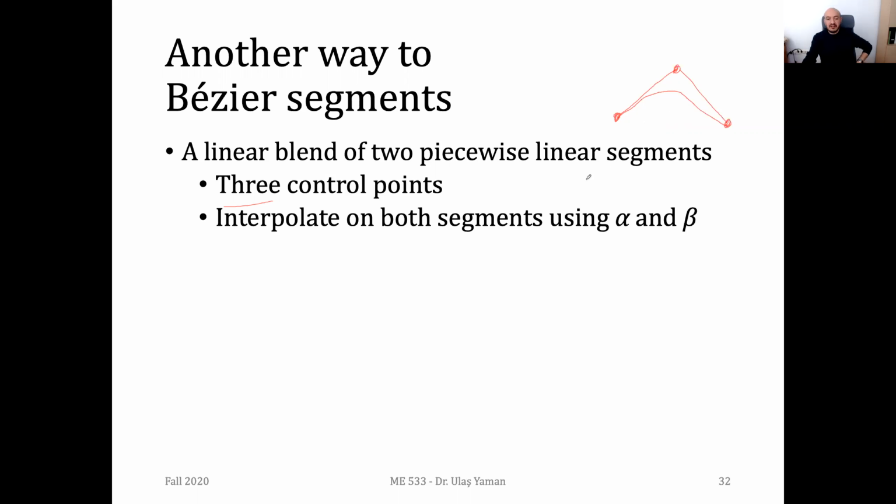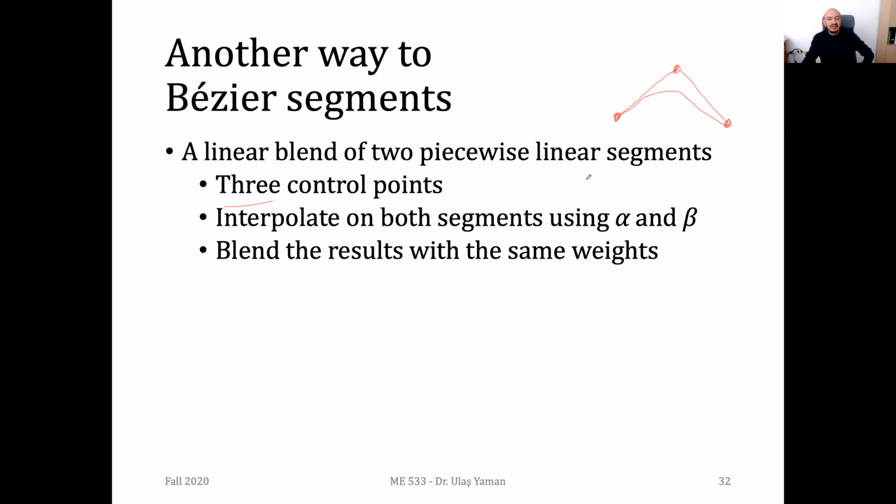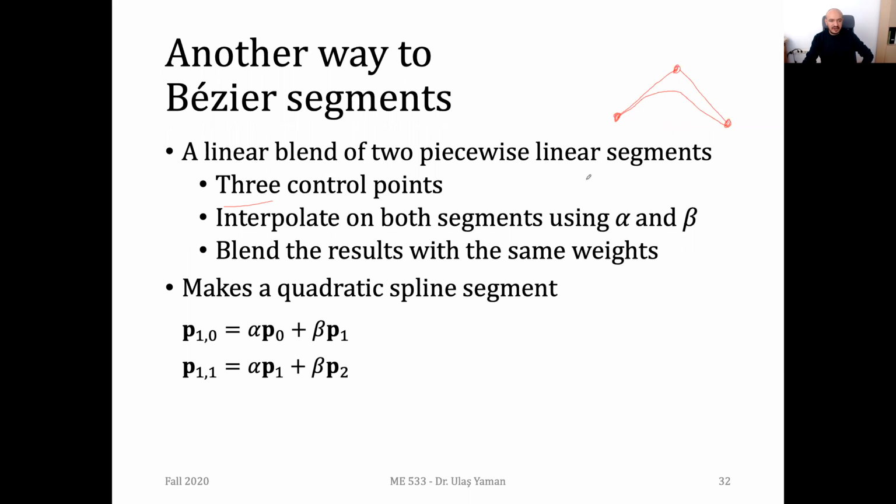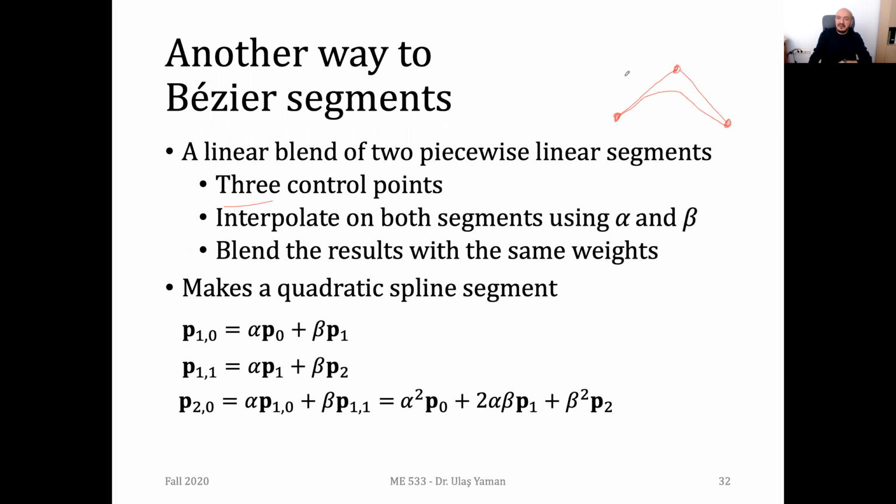Again, we will follow the same approach, but this time we will be blending the results of linear segments. Let's say we will have a point here by using the same alpha and beta. We will have another point here, for the same alpha and beta. Let's say alpha is 0.25 and beta is 0.75. And it's also the same for the left-hand side. So that is the point we are looking for.